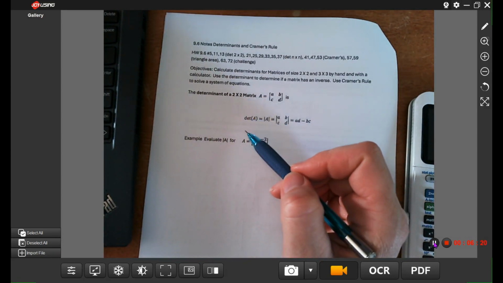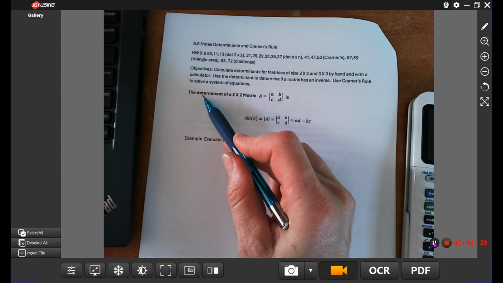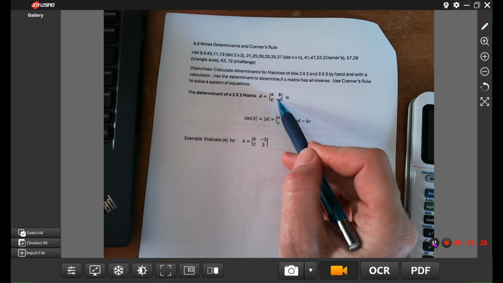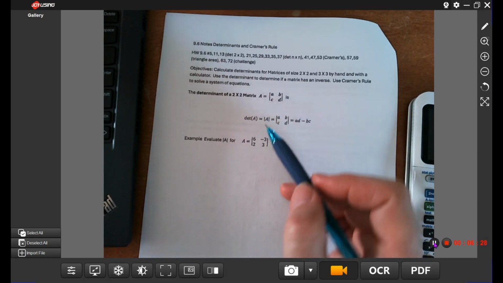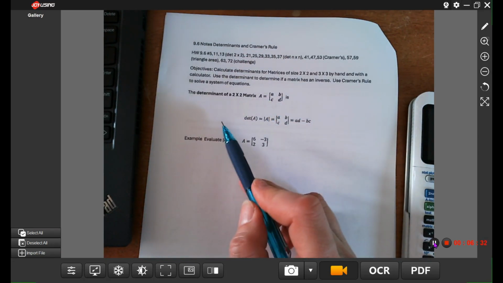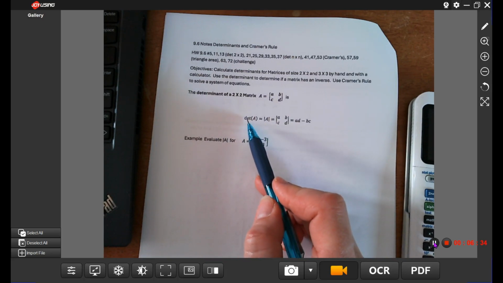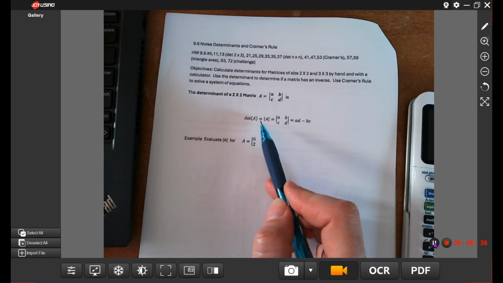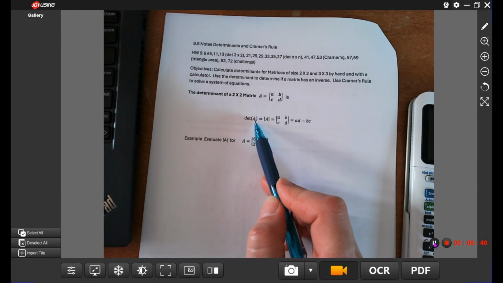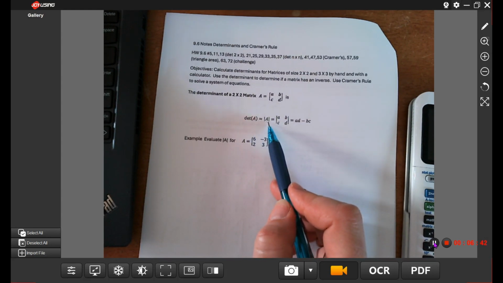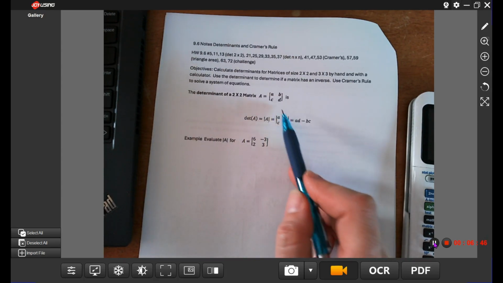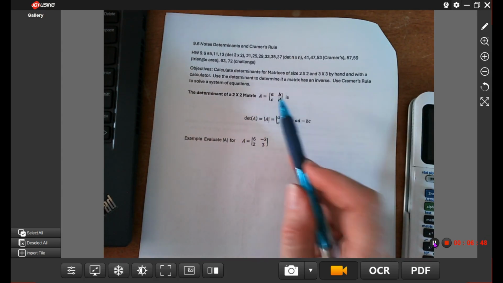So this first thing we're going to do is find the determinant of a 2 by 2 matrix. So if I have this matrix A, the 2 by 2 is relatively straightforward, and in fact you've already done this piece of it in an inverse. So the determinant of a matrix can be written as det parentheses the matrix, or the absolute value symbols around the matrix, or the absolute value symbols around the matrix written out.